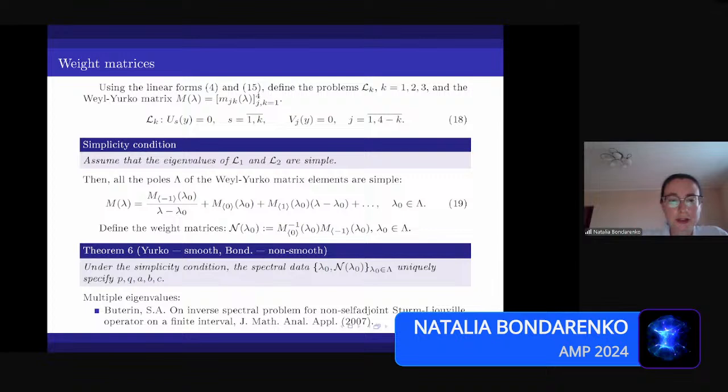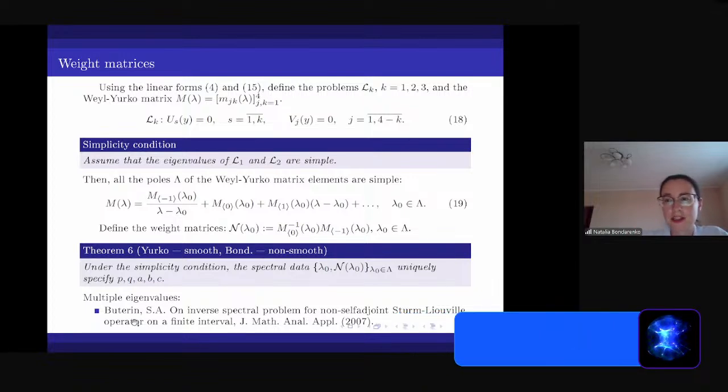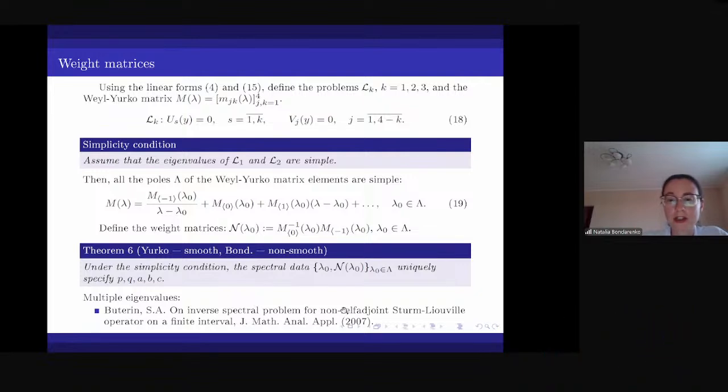The case of multiple eigenvalues also can be considered, for example, for the second order, for the non-self-adjoint Sturm-Liouville operator. This case was studied by Buterin. And then we have more terms in the Laurent series and need to work with these terms. But for higher orders, the technique with multiple eigenvalues becomes too complicated, and so we confine ourselves to the simplicity condition and to this discrete data.